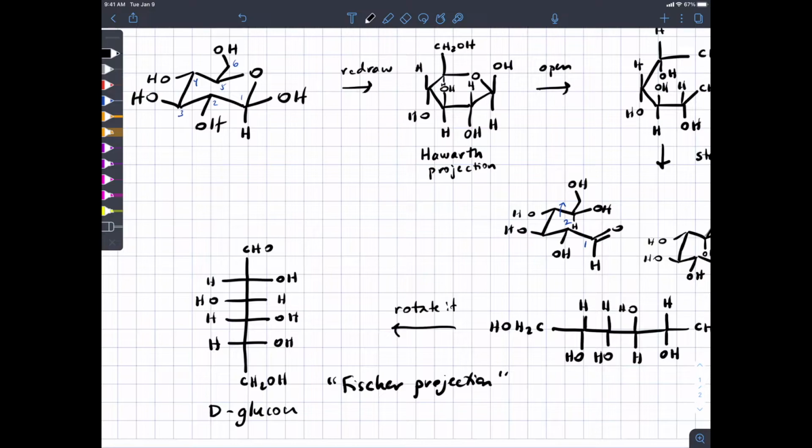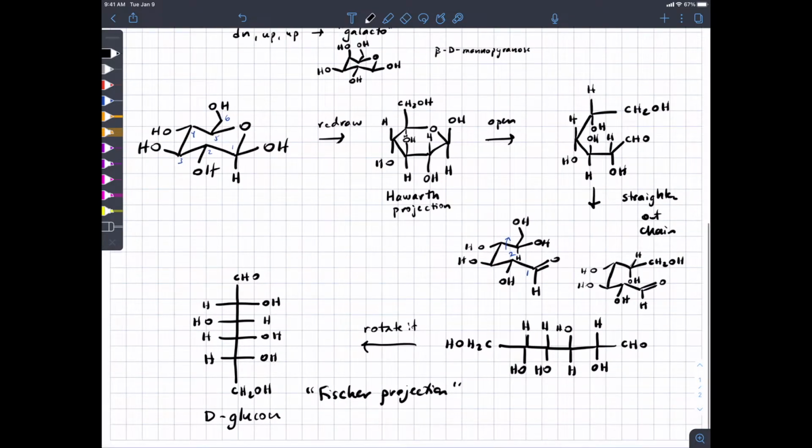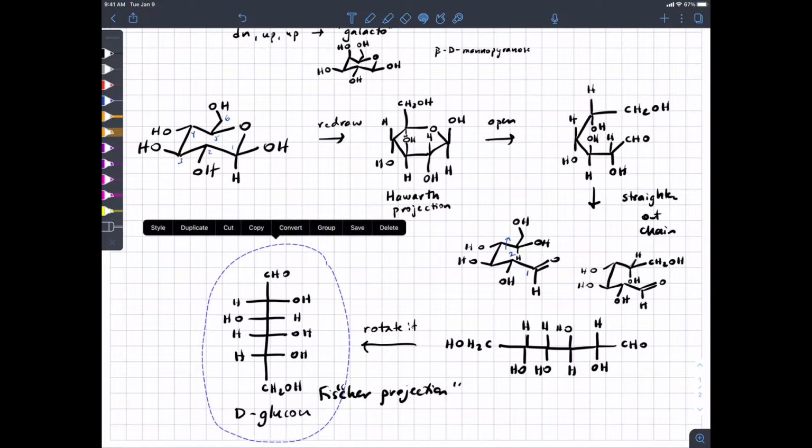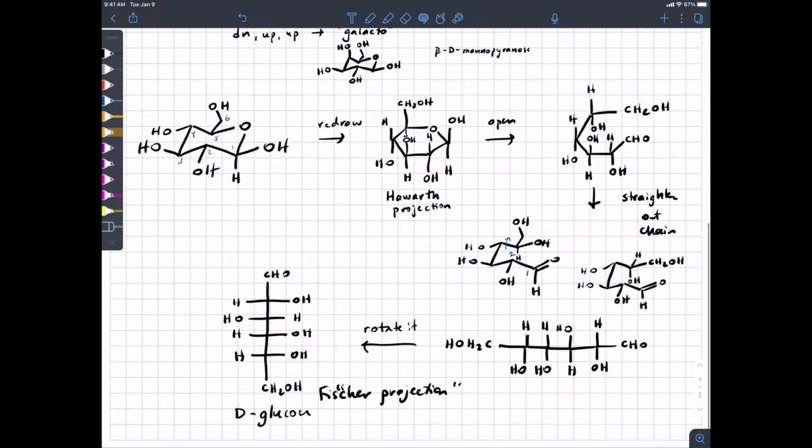Yeah, and the answer is no, but you wouldn't know that if you don't know the rules, because there is stereochemistry here. Think of it this way: if you made the mirror of this, you'd have the enantiomer of glucose, right?